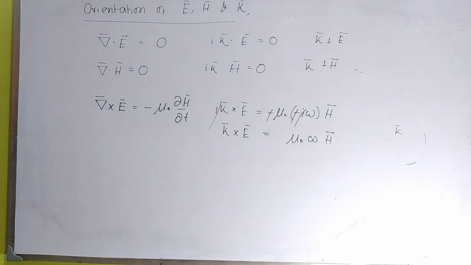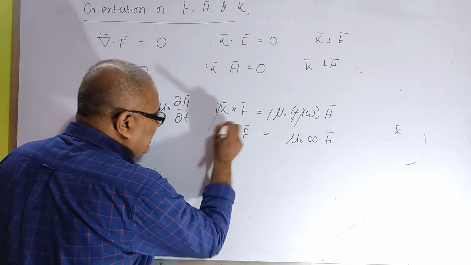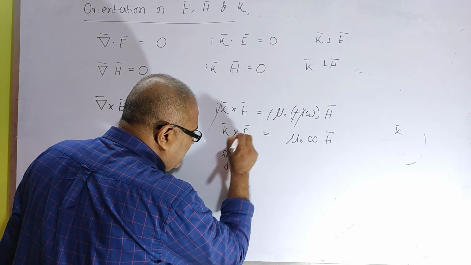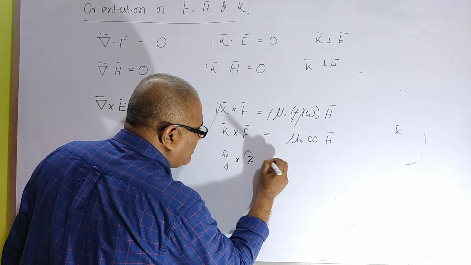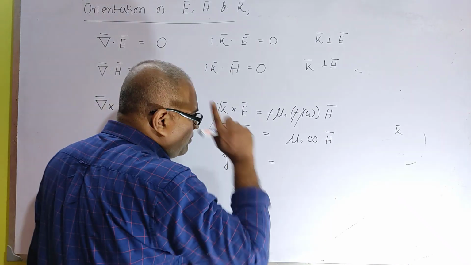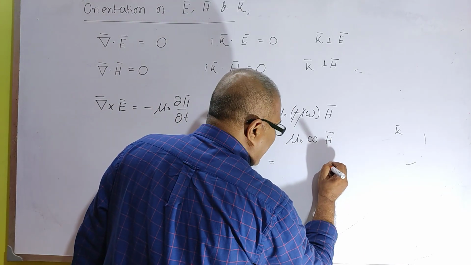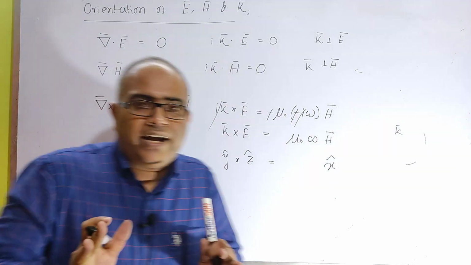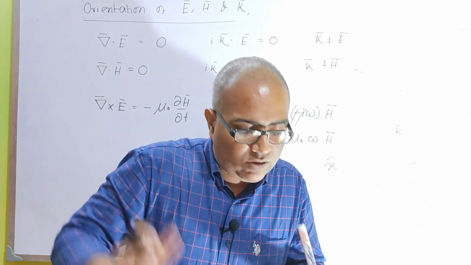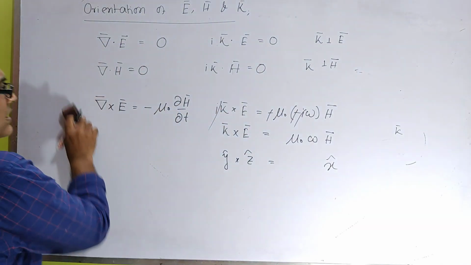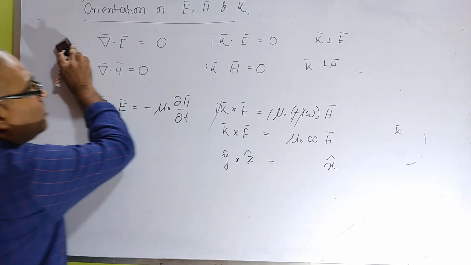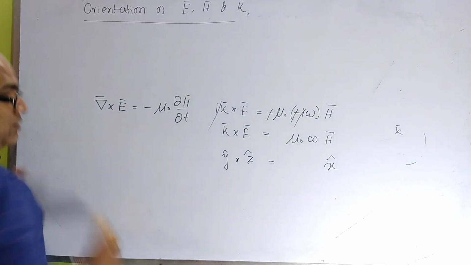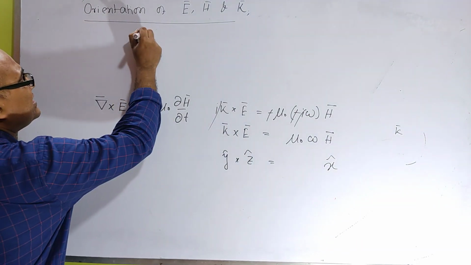Now the interesting fact is, if you assign the k vector along y cap and choose the E vector along z cap, immediately the H vector must appear along the x direction. Wow, so their orientation is very much similar to our coordinate axes, and you can now plainly draw it like this.